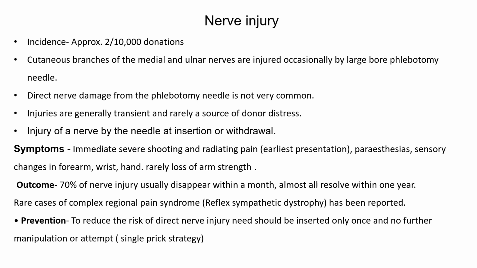Symptoms include immediate severe shooting or radiating pain. This is the earliest presentation, which you can observe in the donor's facial expression, or the donor will tell you. Then sensory changes in the forearm, wrist, and hand can be seen. 70% of nerve injuries usually disappear within a month and almost all resolve within 1 year. Rare cases of complex regional pain syndrome have been reported.